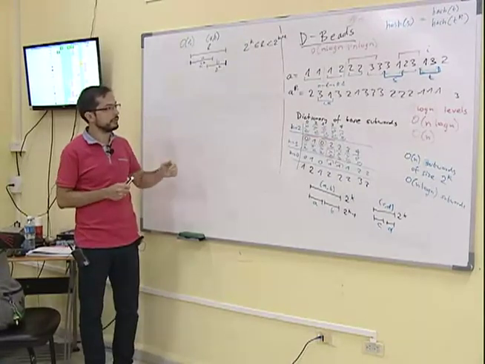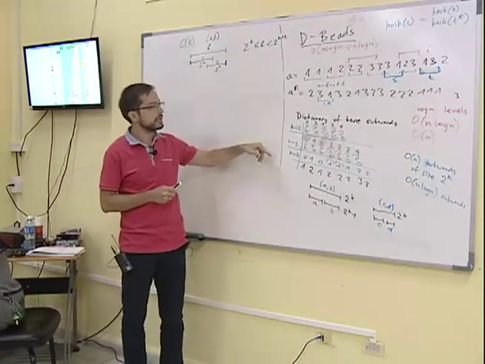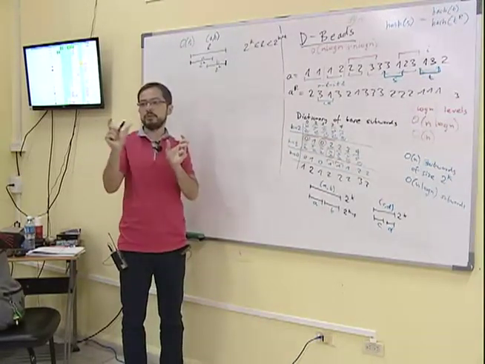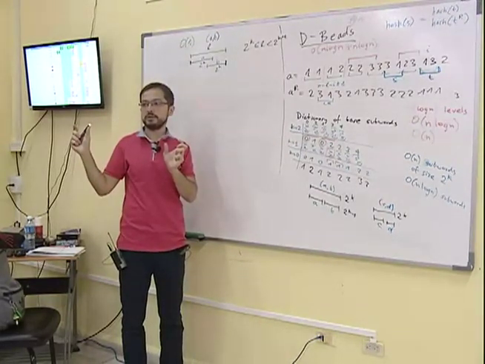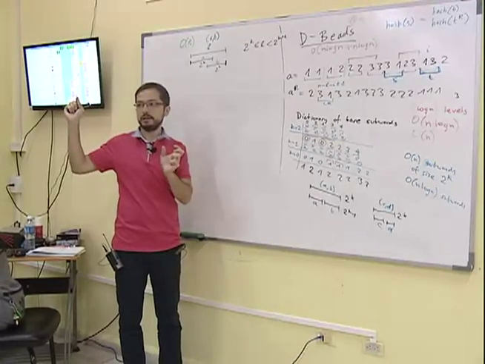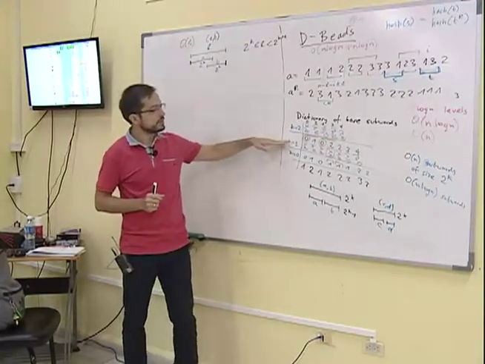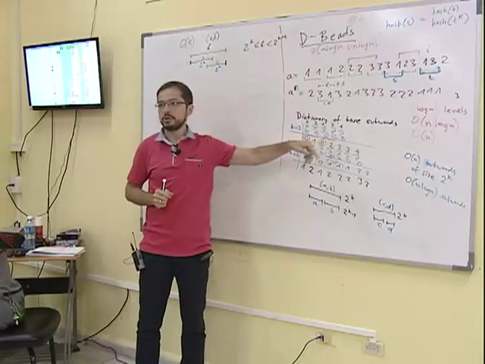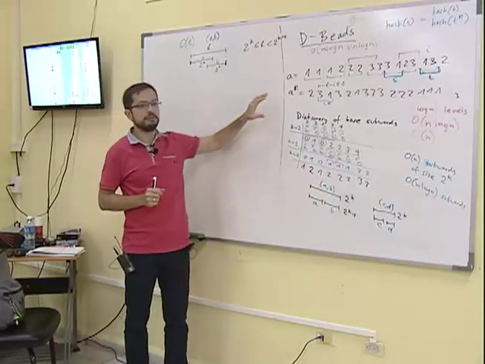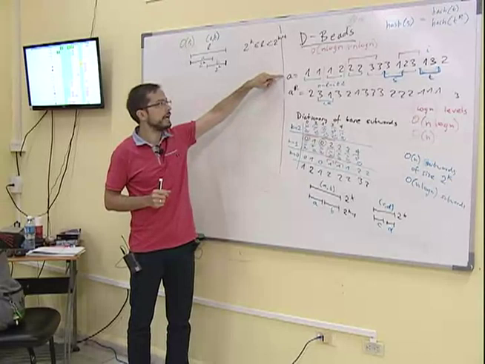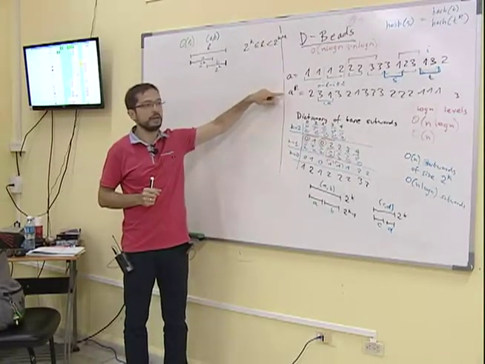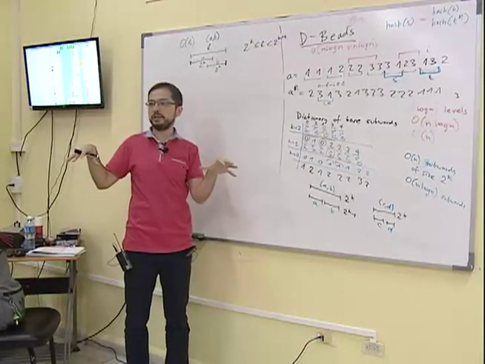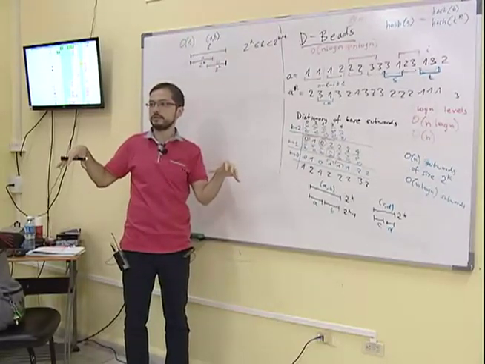But the problem with this dictionary is that we actually need to know all the possible subwords of length 2 to the power of k in advance, because we need to sort them all and give them identifiers. So actually, we cannot use different data structures for A and for A reversed, because then we cannot compare identifiers from these two structures.